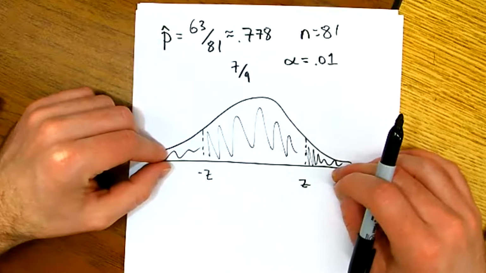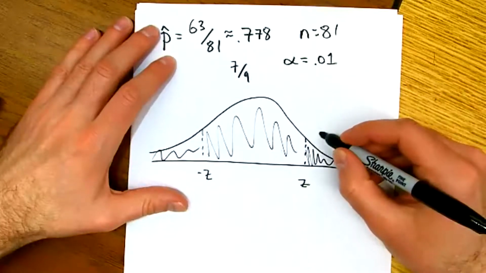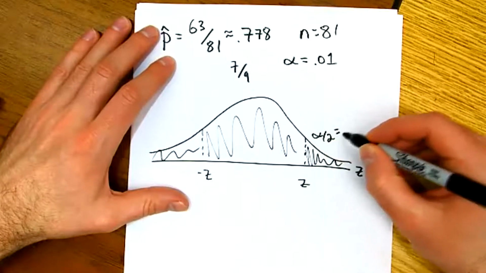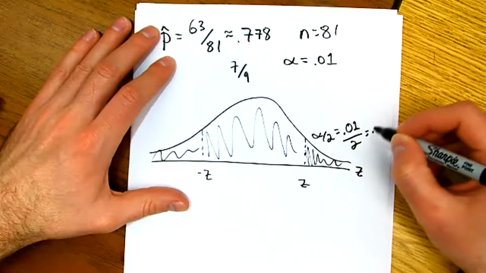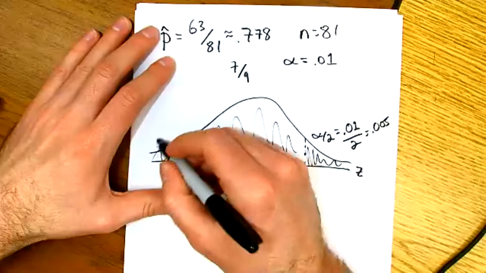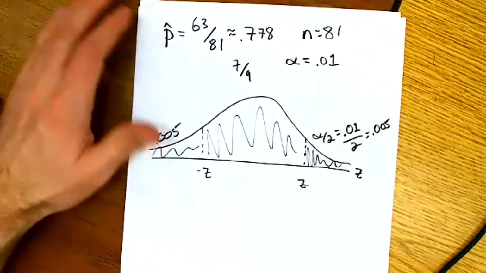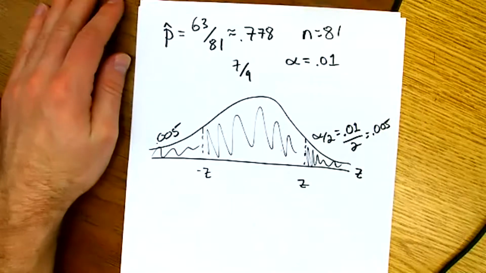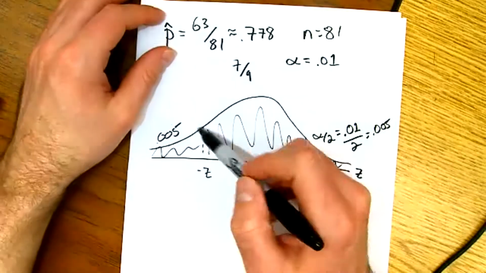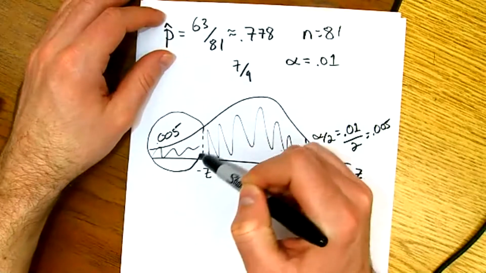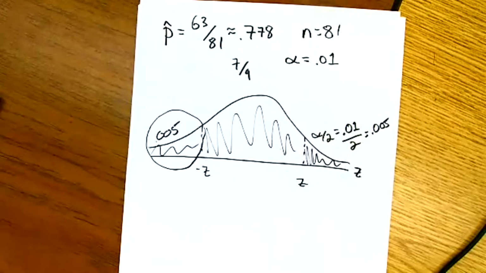So if alpha is 0.01, there's half of alpha in each tail, 0.01 over 2, so 0.005 in each of my tails. What z-score gives me 0.005 in that lower left tail?